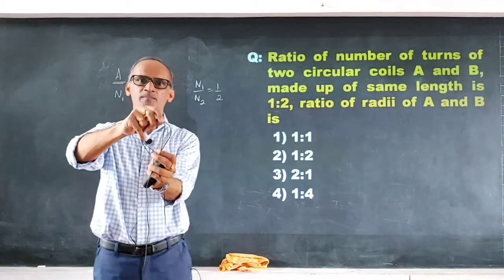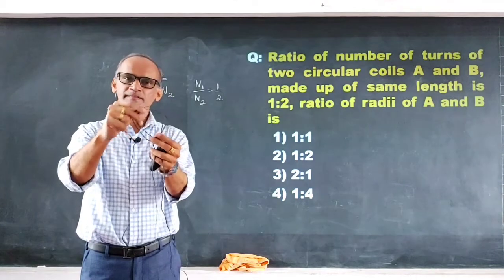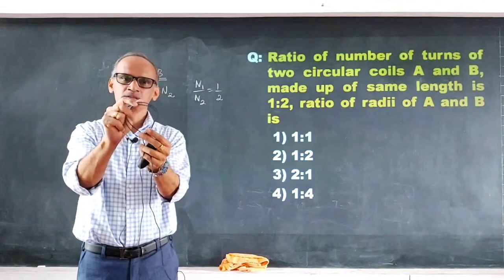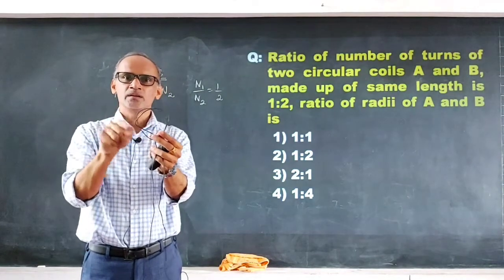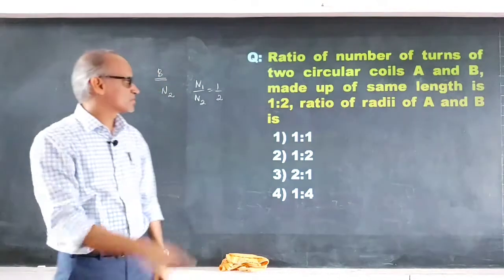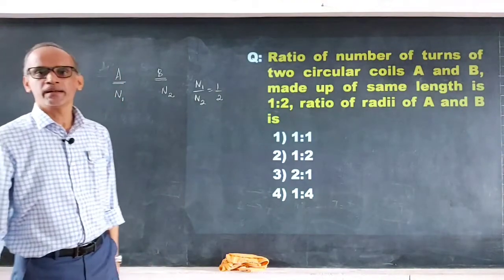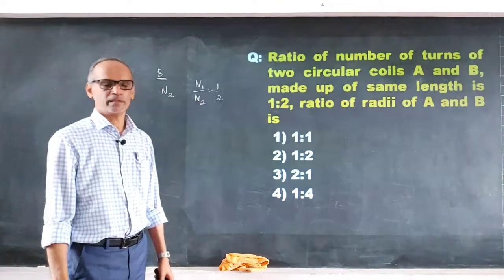Can you see that? I have formed two turns. So that means when number of turns increases, you can see the radius of the coil decreases, correct? And that is what we need to calculate, the ratio of the radii of A and B. So we need to calculate the ratio of the radius.